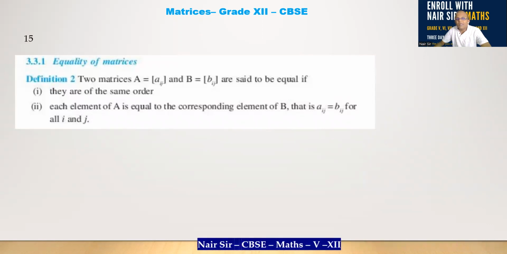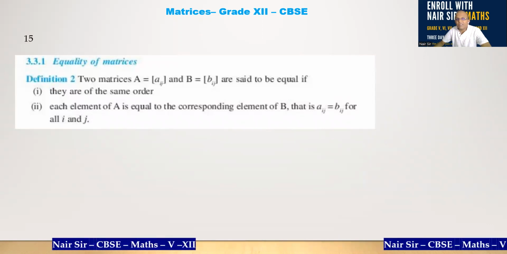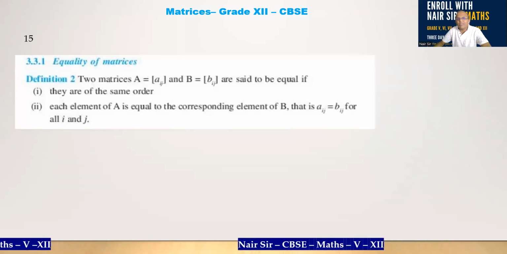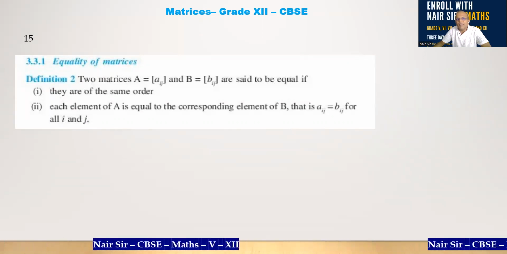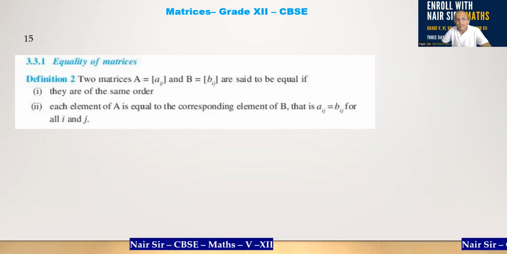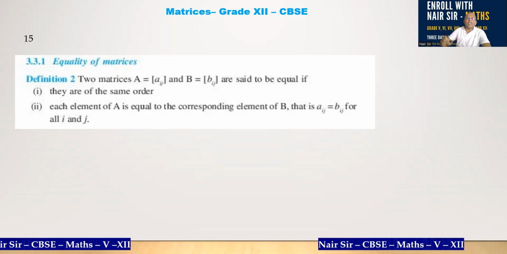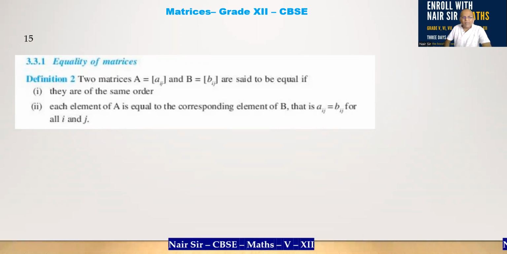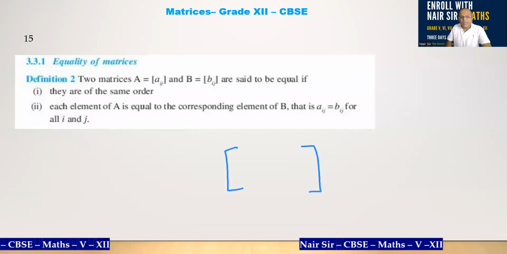Equality. When are two matrices going to be equal? If I say that A is equal to something, B is equal to something, they must be of the same order and each element of A is equal to the corresponding element of B. What does that mean? I have a matrix 2, 1, 3, 4, and the other one as 2, 1, 3, 4.